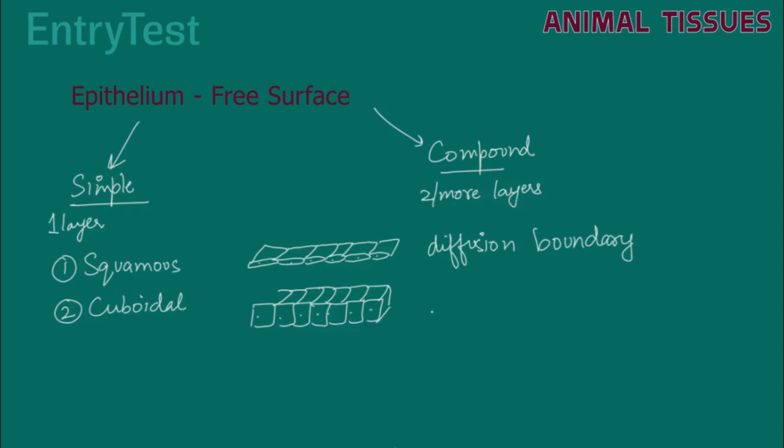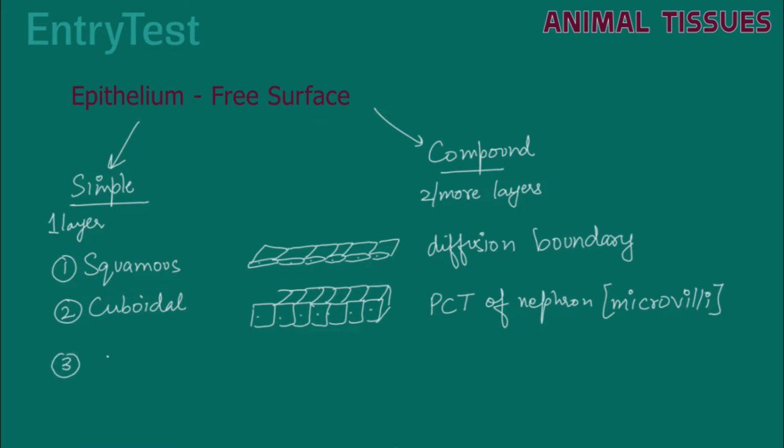This kind of epithelium is also found in the PCT of the nephron, which is the proximal convoluted tubule in the nephron, which is made up of this kind of epithelium. It also has structures for absorption that are known as microvilli. So that is about the cuboidal epithelium.